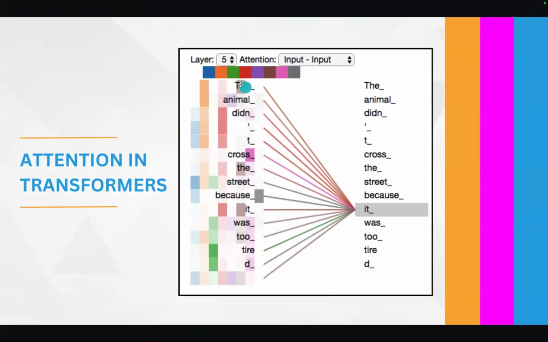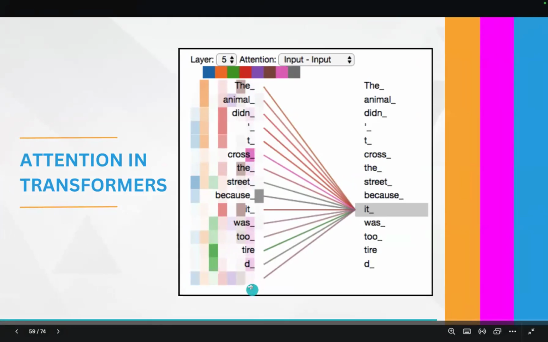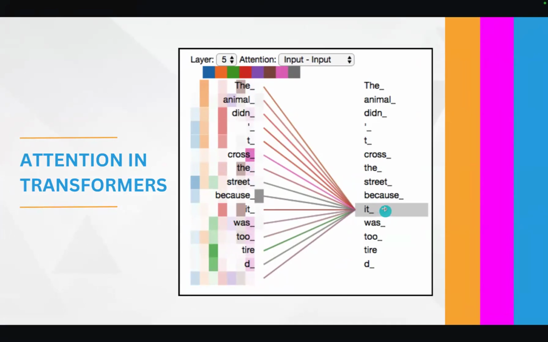So here you can see in a longer sentence, the animal didn't cross the street because it was too tired. You have 'it' coming later on, but in an RNN model, it is very difficult for the model to understand what it refers to, because the model is too simple. It might be completely different. But in a transformer based model, it has the ability to pay attention to all of these tokens before. So what it would do is probably point towards the animal.